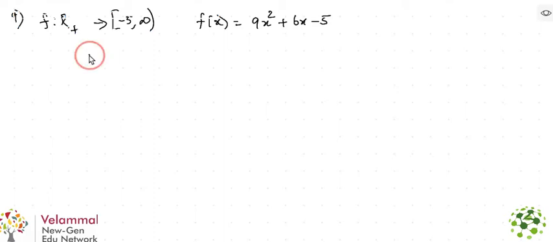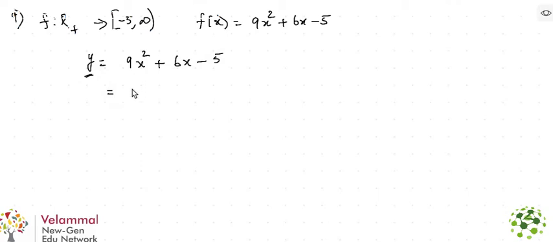So let us find the inverse to start with. You remember when you want to find the inverse, f(x) is nothing but y, and after writing this you will make x the subject of the formula, which means you will write it in the form x equals something.